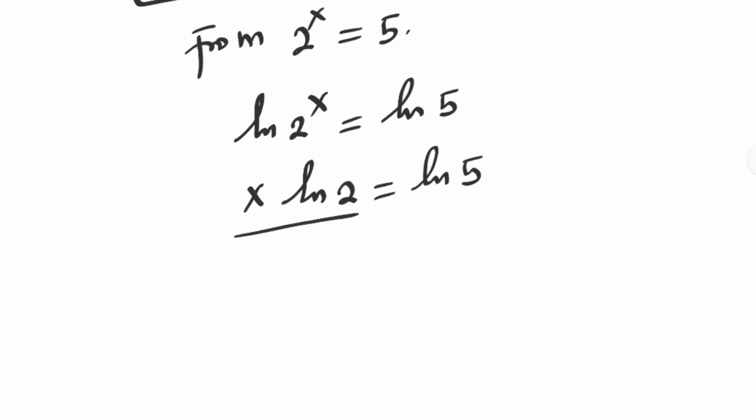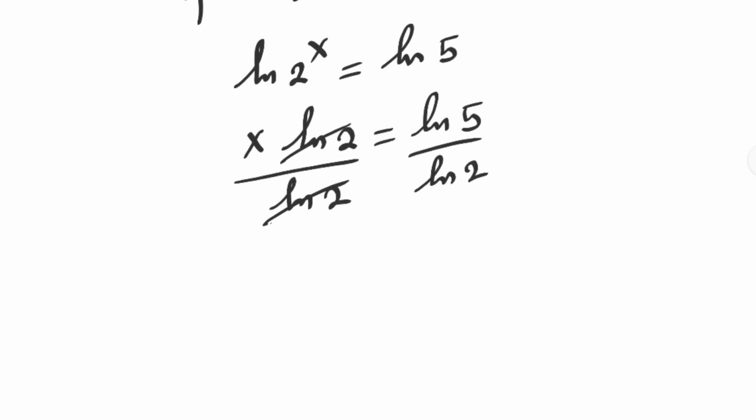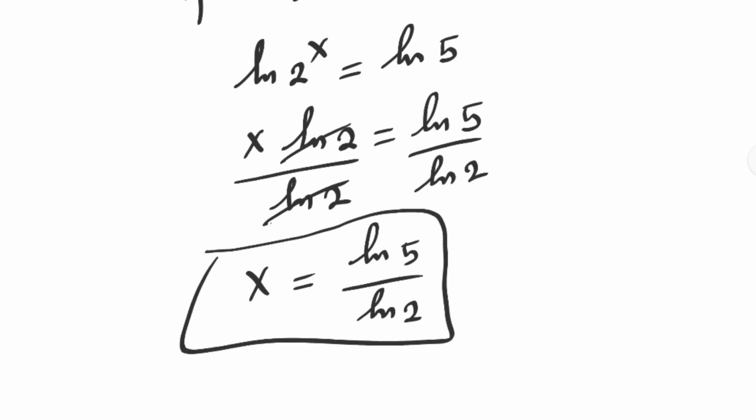Then let's divide this by ln of 2, and this is divided by ln of 2 because we are looking for the value of x. This ln of 2 cancels this ln of 2. x is equal to ln of 5 over ln of 2. Then this is another form of x.